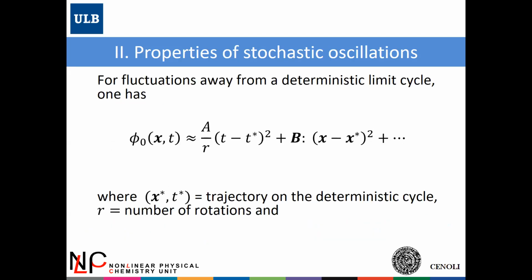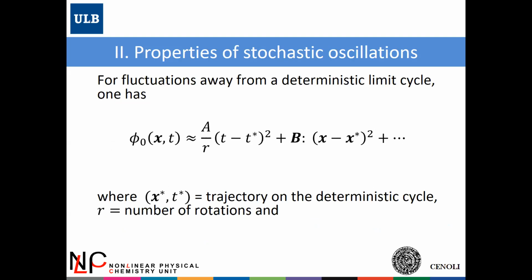And third, we can also use the idea that we observe deviations from a deterministic limit cycle. And in such a case, one can try to expand phi 0 around the deterministic trajectory, which is here represented by x star and t star.